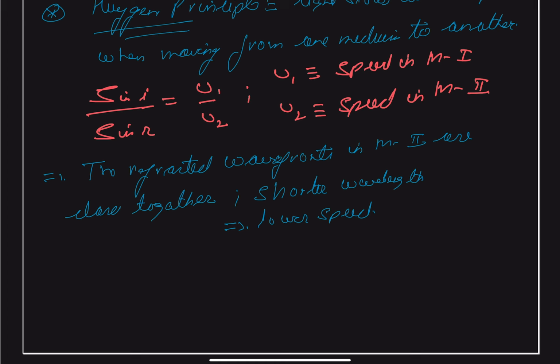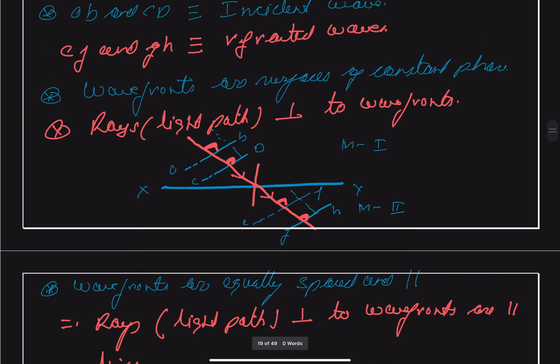Therefore lower speed means V2, the speed in medium 2, will be less than the speed in medium 1. I think this was the only thing asked about the velocity.